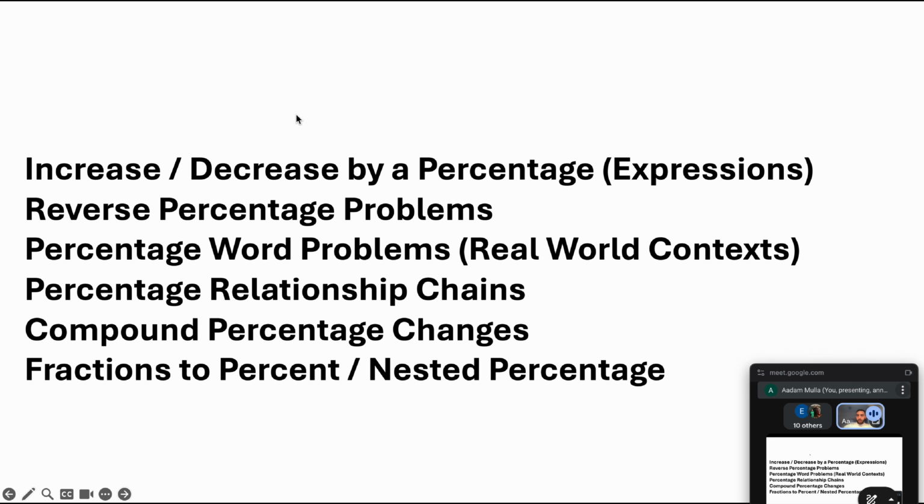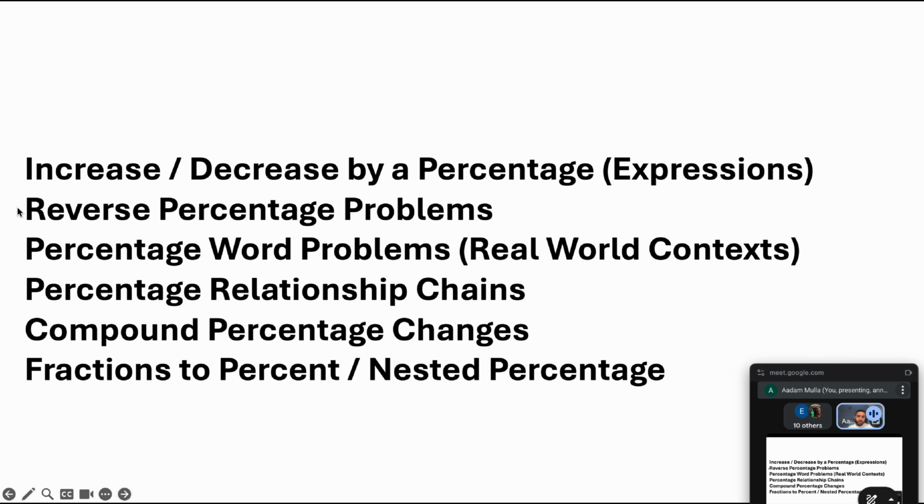But today we are going to go through percentages. So these are a couple of the different types of questions that you can get. You just went through a few of the increase and decrease percentages, like what do you multiply by to get an answer.